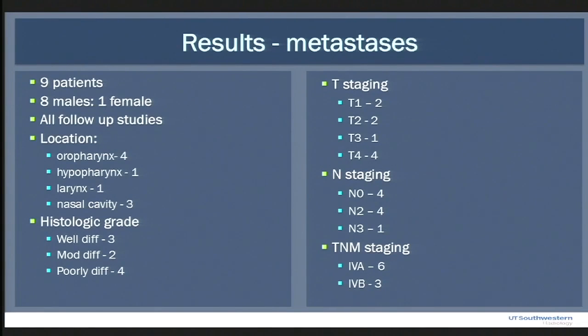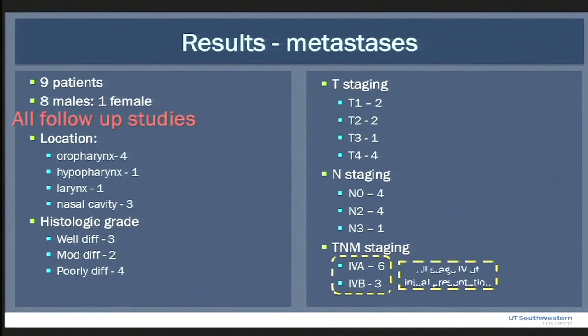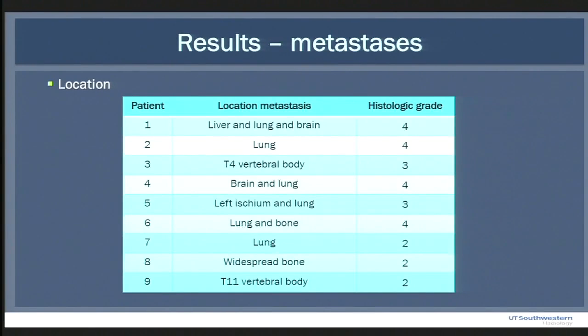So we had a total of 9 patients with distant metastases with different primary locations and histologic grade. However, we noticed that all the patients were follow-up studies after treatment, and also all these patients had stage 4 tumor at initial presentation.